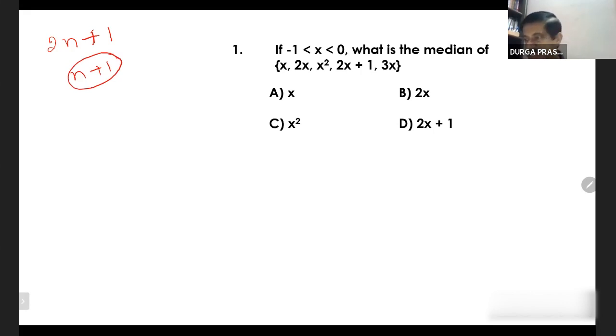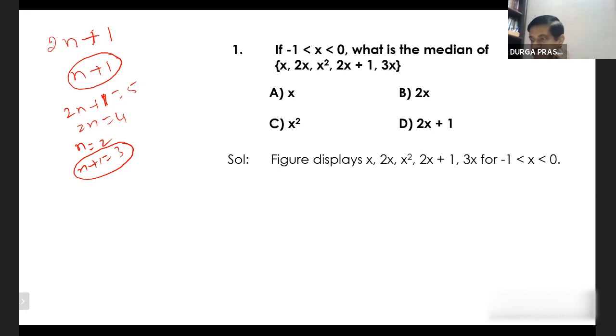For example, if there are five terms, 2n plus 1 is 5, 2n is 4, so n is 2, so n plus 1 is 3. So the third term becomes the middlemost term. Therefore, that term is the median.